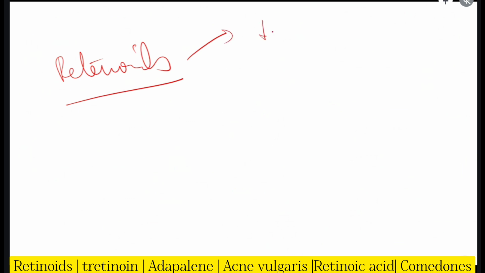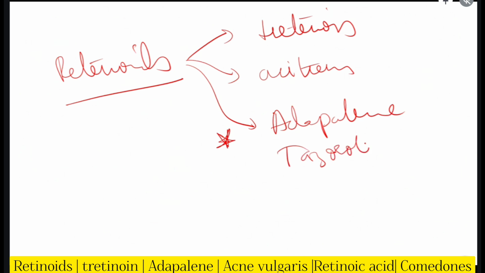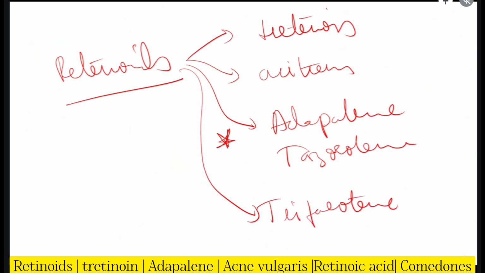First one is tretinoin. Tretinoin is the first generation retinoic acid derivative or retinoid. And second is acitretin. Acitretin is the second generation retinoid. And in the third generation retinoid, adapalene, tazorotene. And in the fourth generation retinoid, we have trifarotene. So these are the examples of drugs.